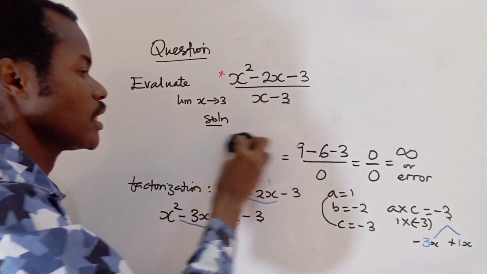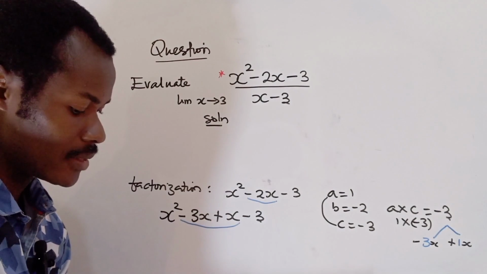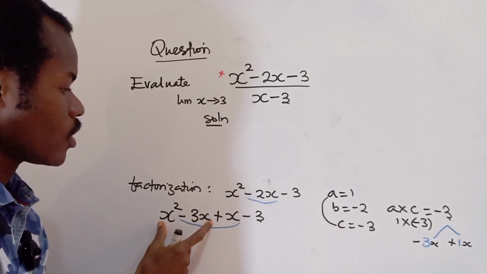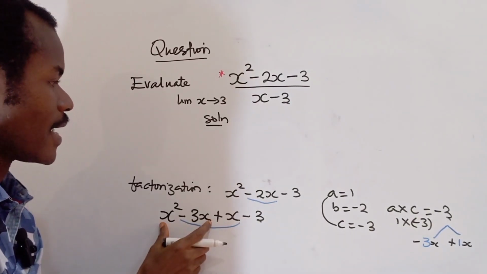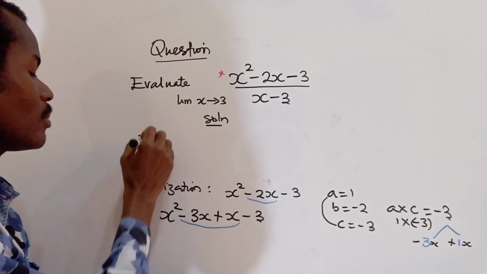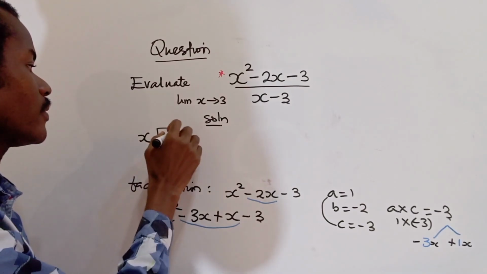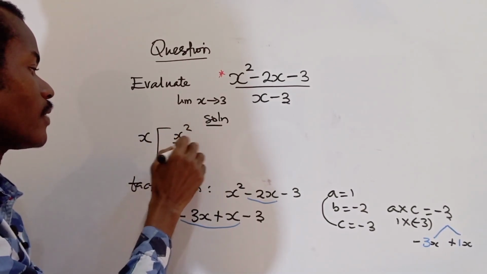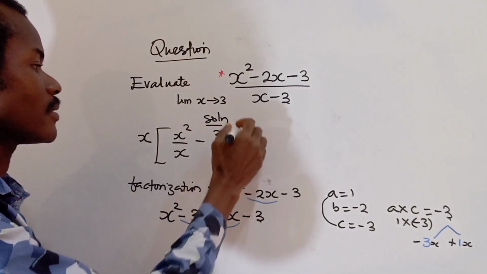So from that point, we can now factorize the given quadratic expression. Let's factor out what is common here and what is common here. For this part, I can see that x is common, so I'm going to divide this by x and divide this by x. So I have x squared divided by x, minus 3x divided by x.